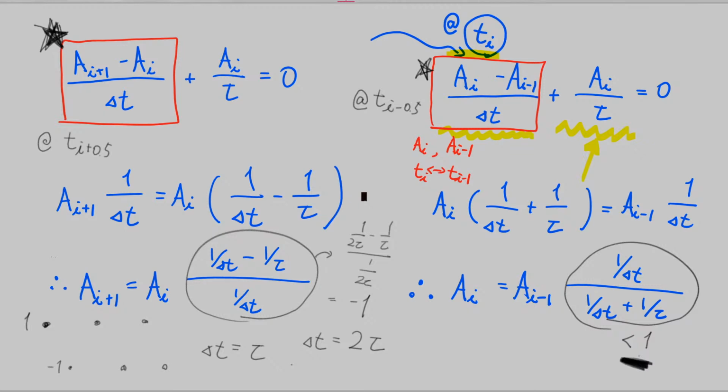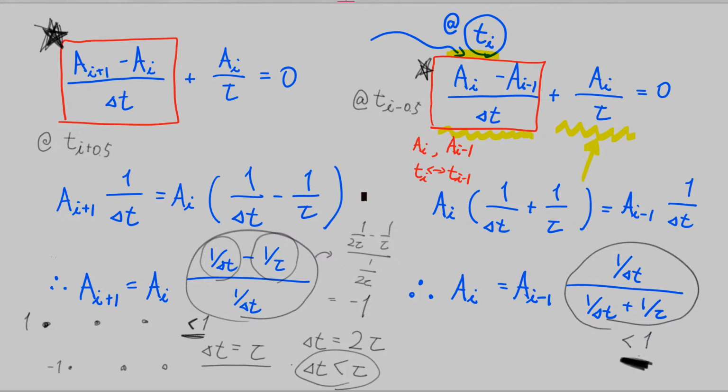As you know, if our delta t is much shorter than tau, then this is much larger than this 1 over tau. So we will still have a reduction factor smaller than 1, and in this case they will be the same.